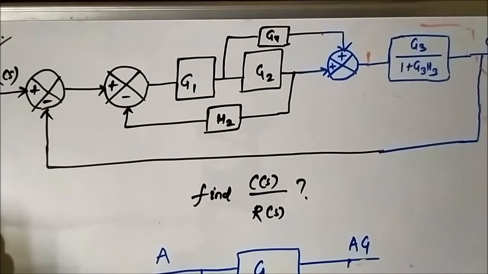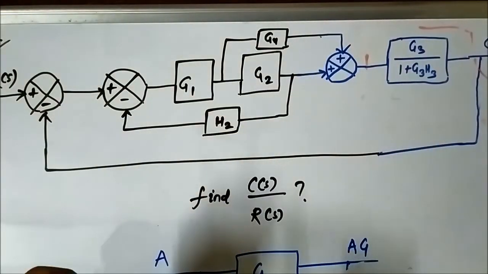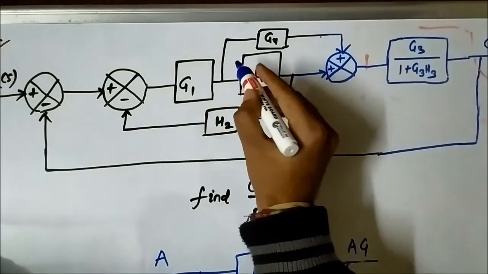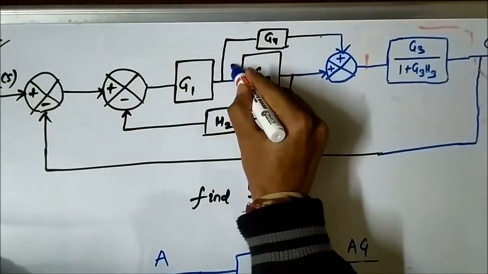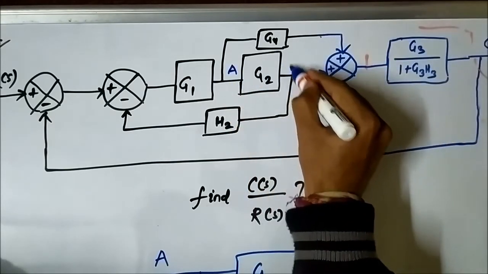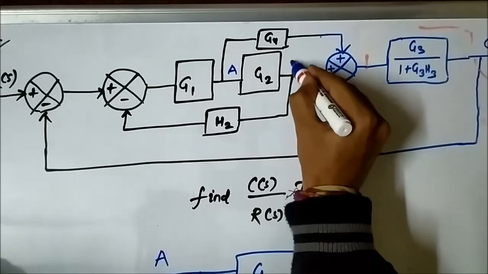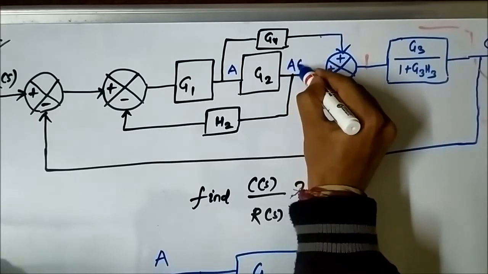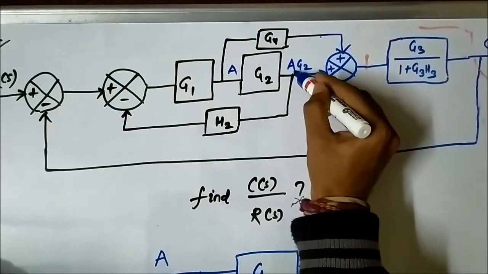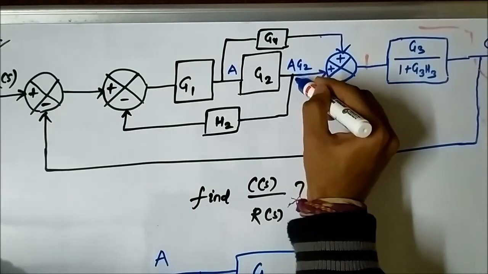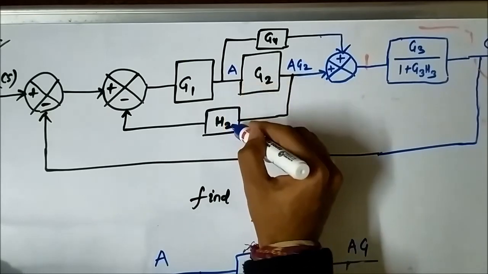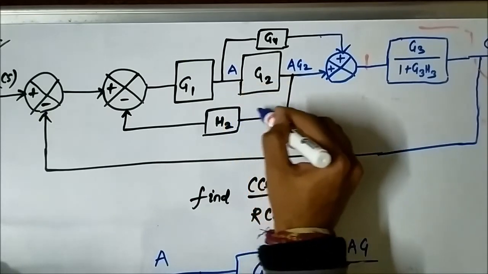So here also we wish to do the same thing. Here let's say the signal is A. So here the signal value is A into G2. If we wish to shift this takeoff point from here to here, we have to introduce a G2 block here.